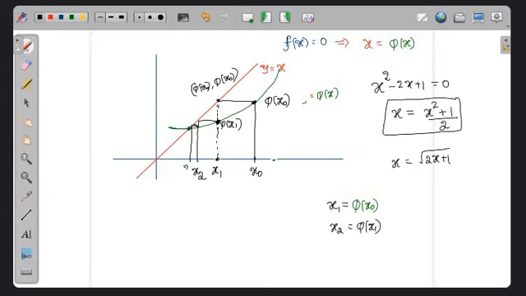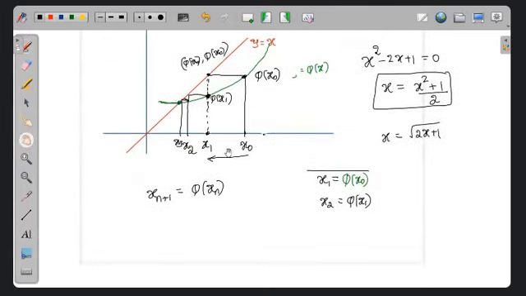Slowly x3. So you started here and you are moving towards this fixed point. We are moving towards the root of the function. Okay. So here we got a sequence that is xn plus 1 equal to phi of xn that converges to the root of the function f of x, or that converges to the fixed point of this function phi of x.